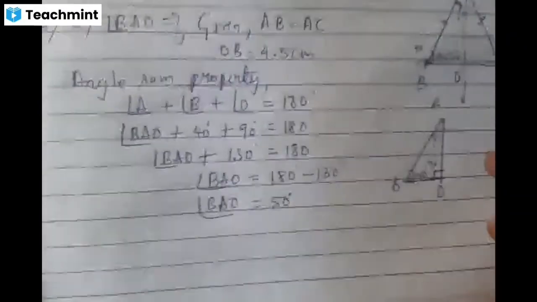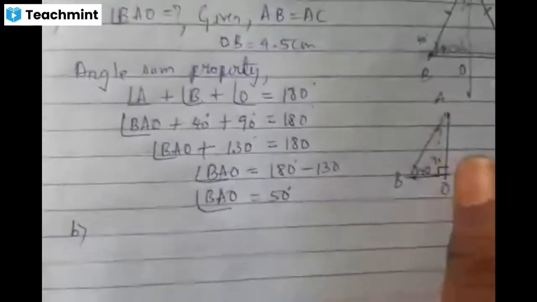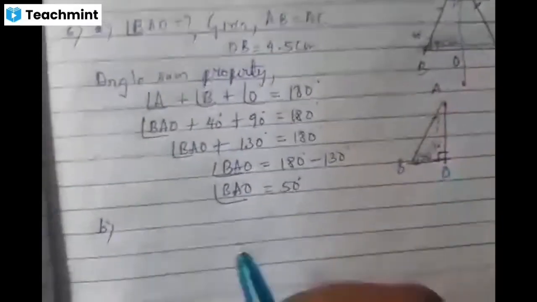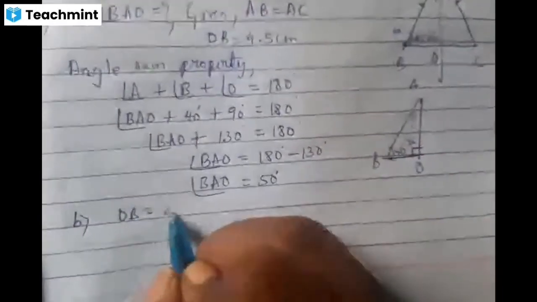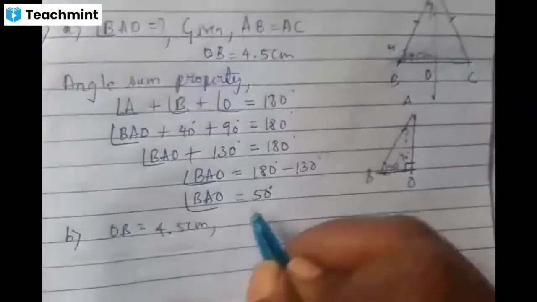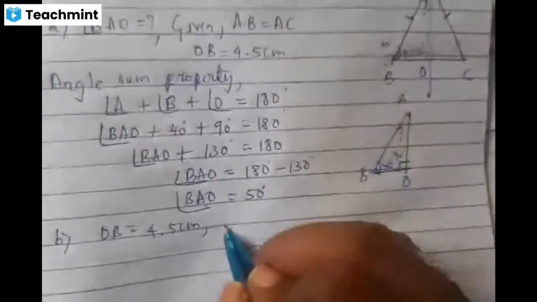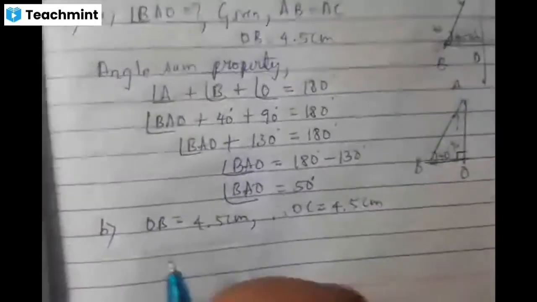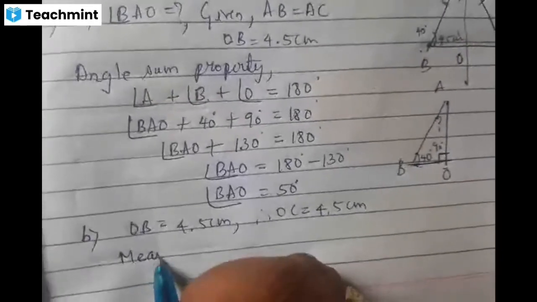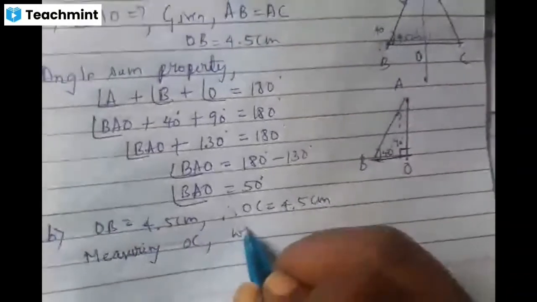Next, we have to find the measure of OC. How much will be OC, children? If OB is equal to 4.5 centimeter, therefore OC will also be 4.5 centimeter. Then after measuring OC, what do we find?